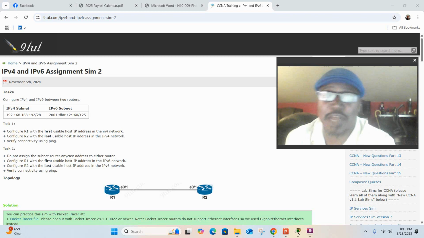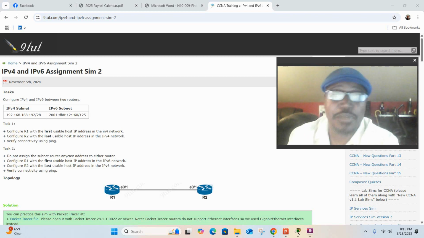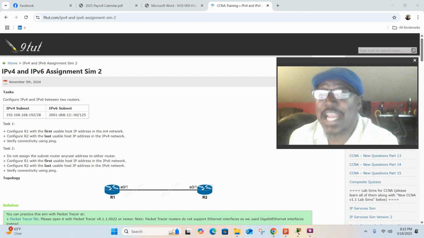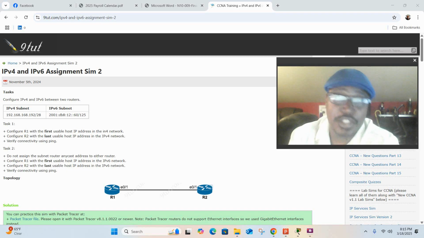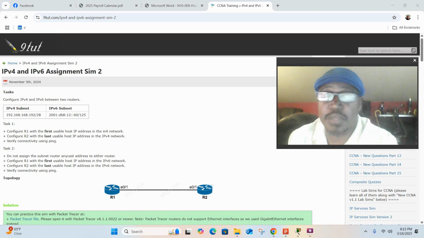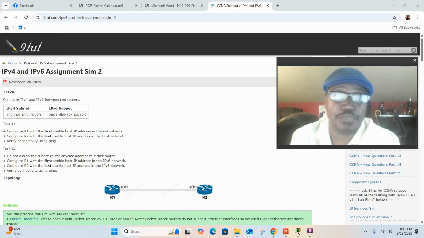The first time I did this lab, they gave you the IPv4 and IPv6 addresses to use. But on this lab, you have to figure out the next usable subnet yourself and put those IPv4 and IPv6 addresses on.